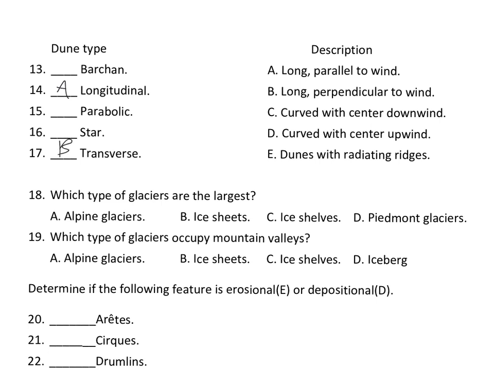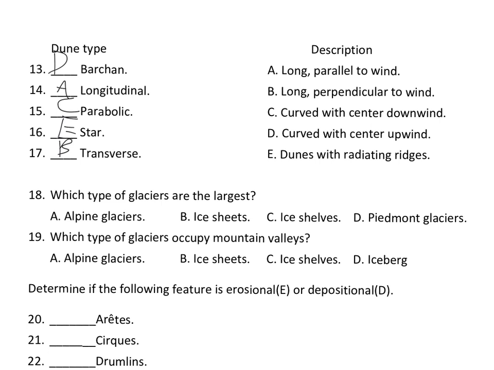Curved with center downwind, meaning that you're pointing back, it's going to be parabolic. Curved with center upwind, it's going to be my barcane. And then dunes with radiating ridges or a star-type pattern. Cool. So little techniques, little tricks for you. Diagram? Anybody? Diagram? That would be an interesting idea.